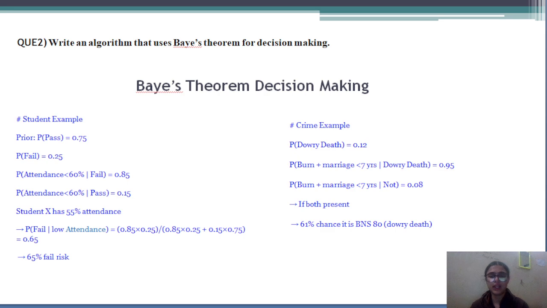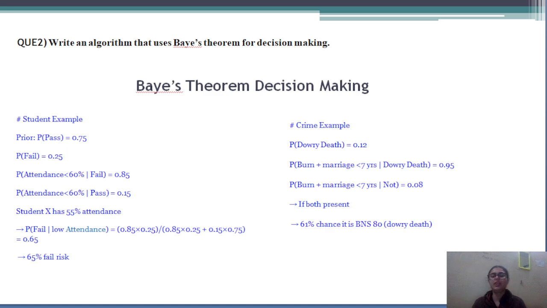So if both conditions are present, that is burn injury and marriage less than 7 years, we use Bayes' theorem here. After calculating, we get that there is a 61% probability that the case falls under BNS section 80, dowry death. So the system predicts this case is most likely a dowry death case and the legal section applied should be BNS 80.